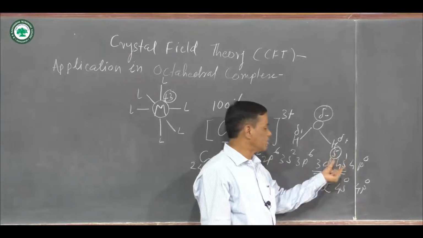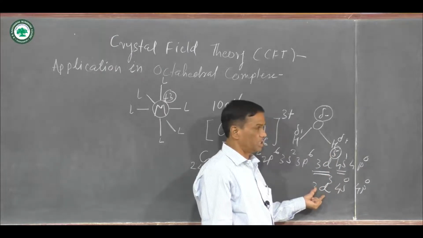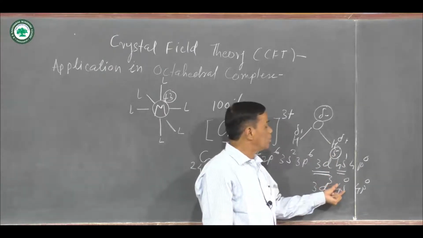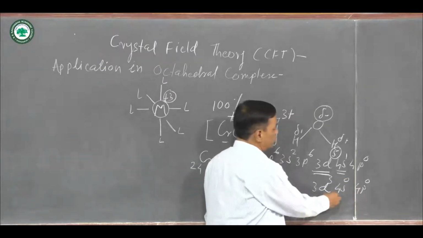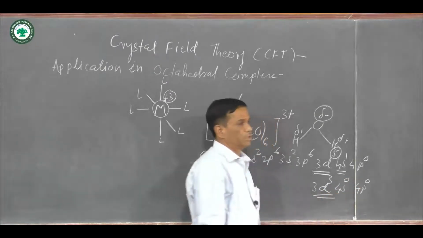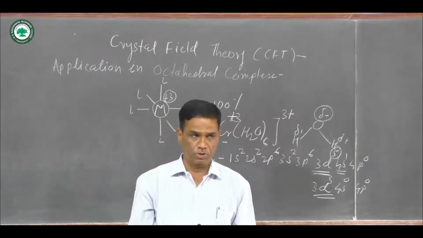When 3 electrons are removed, the electronic configuration is 3d3, 4s0 and 4p0, and in the 3d orbital there are 3 electrons only.